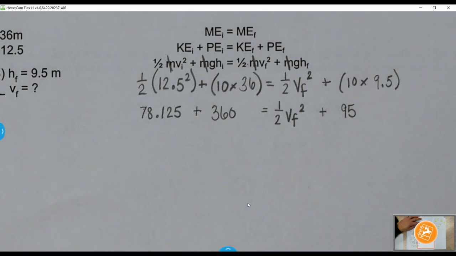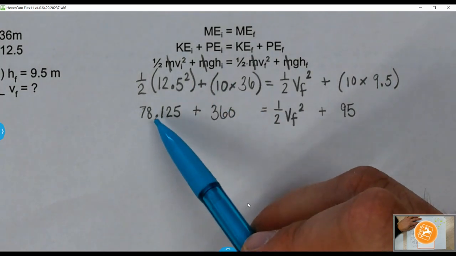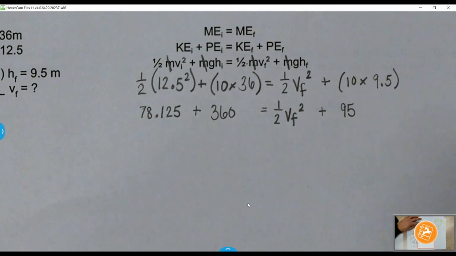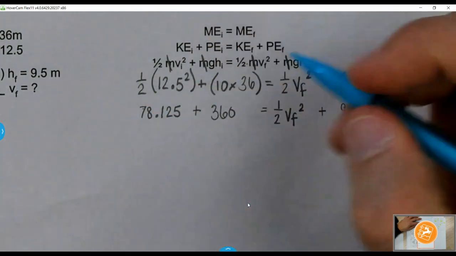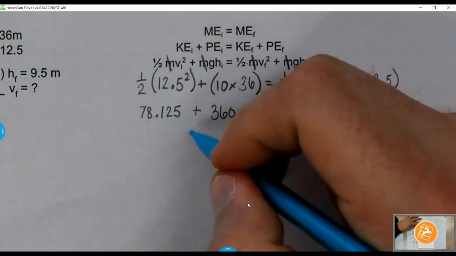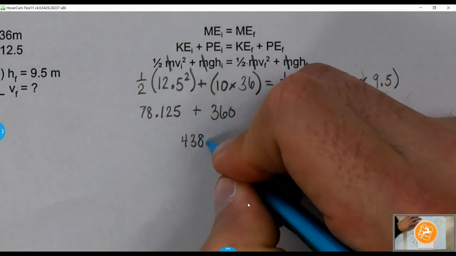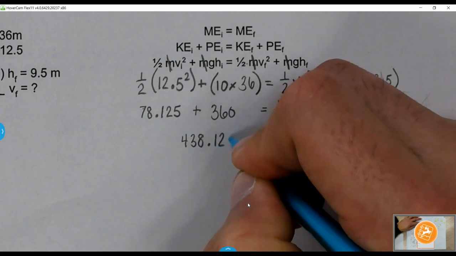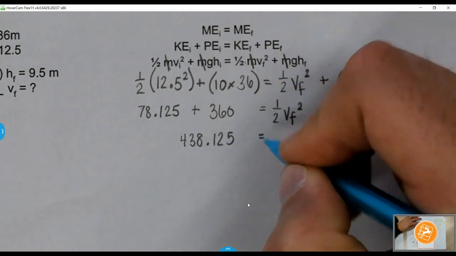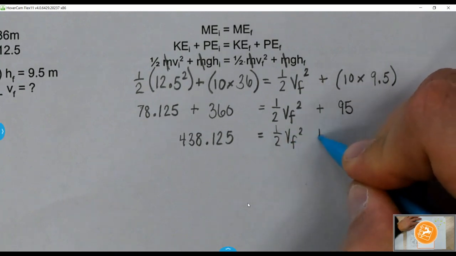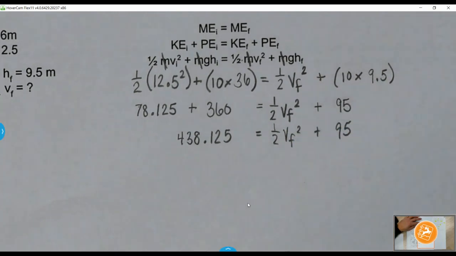What I'm going to do here is take these two and add them together because I want to simplify everything down as much as possible. When I add these two together, my calculator gave me an answer of 438.125, which would then equal this whole side over here: 1/2 VF squared plus 95.